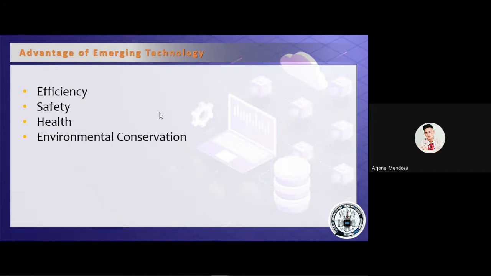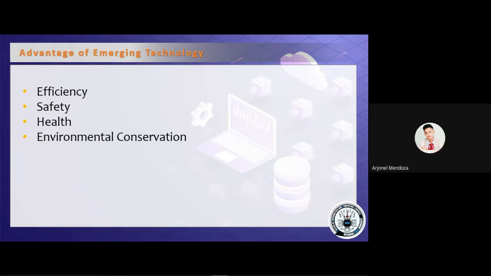Kunwari, may nangyari on a particular device, i-update nila yun para maging safe that particular specific device or yung machine. Then, yun yung advantage ng emerging technologies as it continues the development or the innovations of existing technologies.